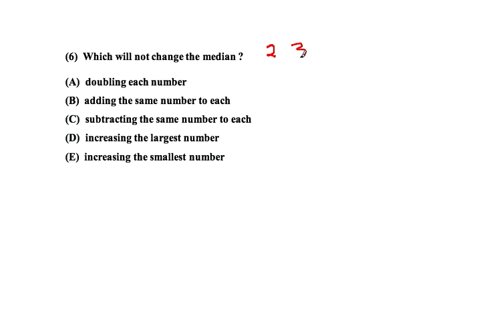So if we had 2, 3, 5, 6, 7, 7, and 3 9s. Okay, so the median, since we had an odd number, 4 over here, 4 over there, 7 is the median.